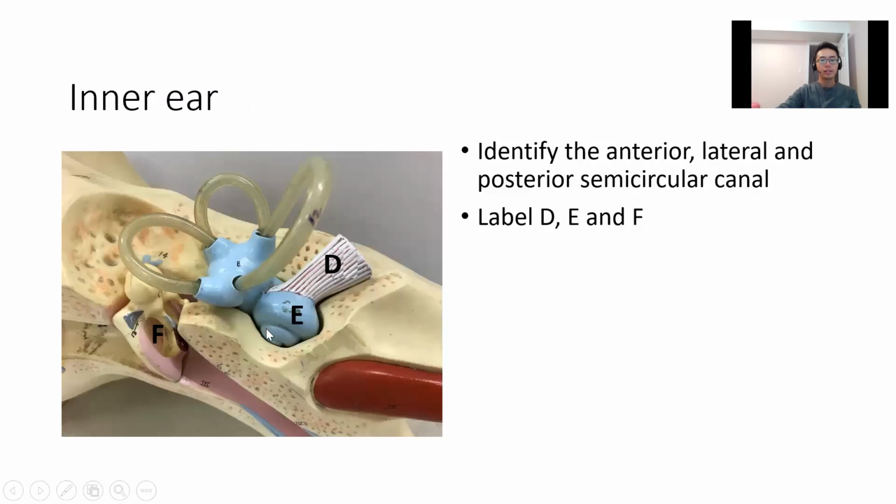This is the inner ear, and you see a couple of things here. E is the cochlea. Cochlea for hearing. Inside is full of fluid. Identify the semicircular canal. So this one is the anterior. Assuming you are in a room right now, your left wall and your right wall would be parallel to the anterior semicircular canal.